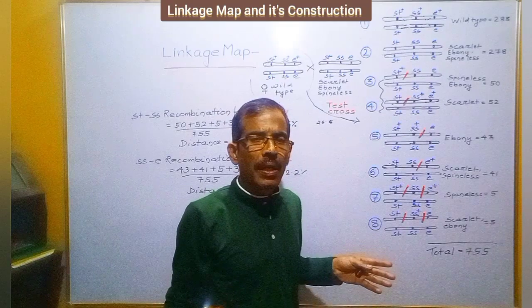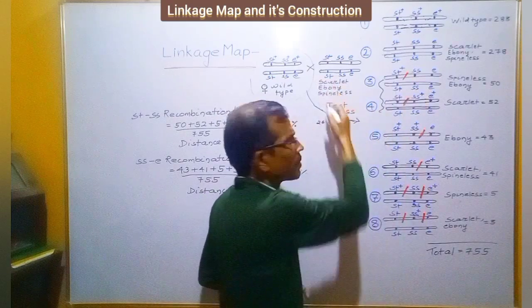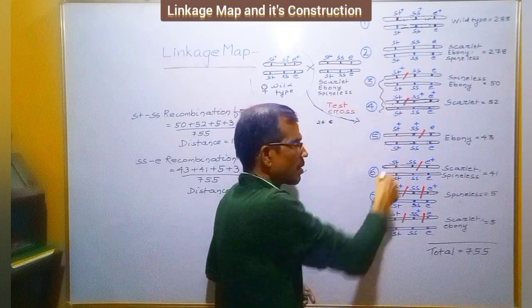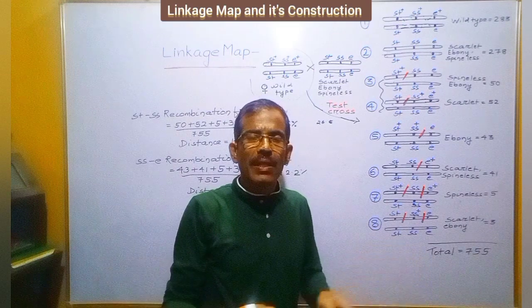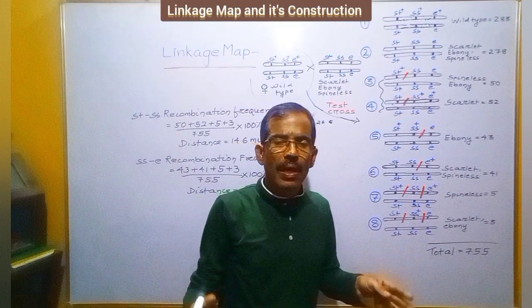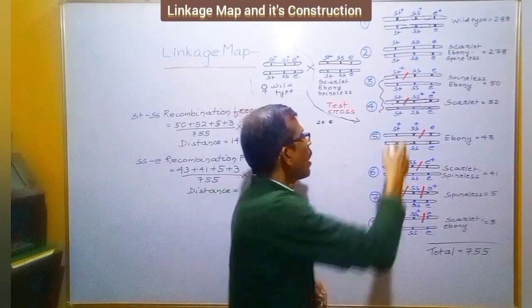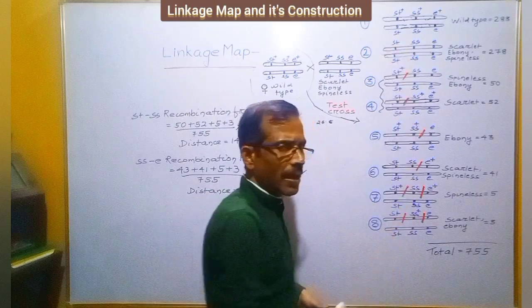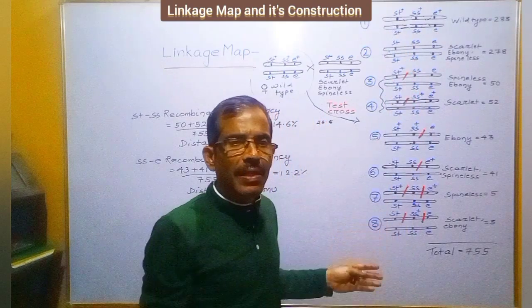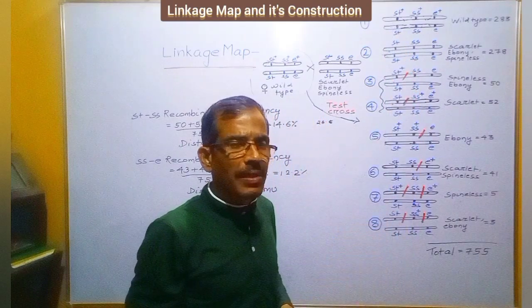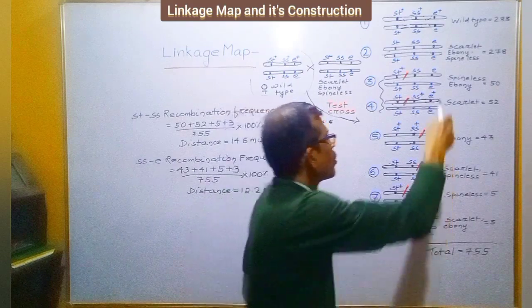After determining the correct gene order, let us rewrite the phenotypes. It is already done. The next step in gene mapping is to identify the location where crossing over has taken place. Out of 8 phenotypic classes, these two classes have already been identified as non-recombinants and these two as double crossover.